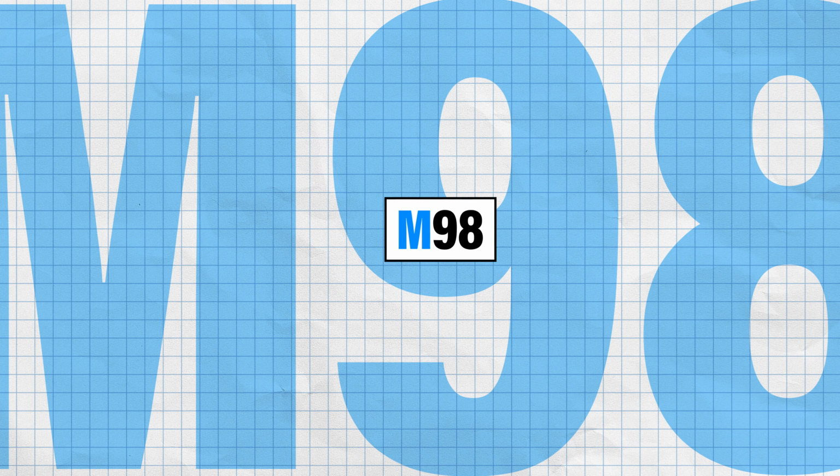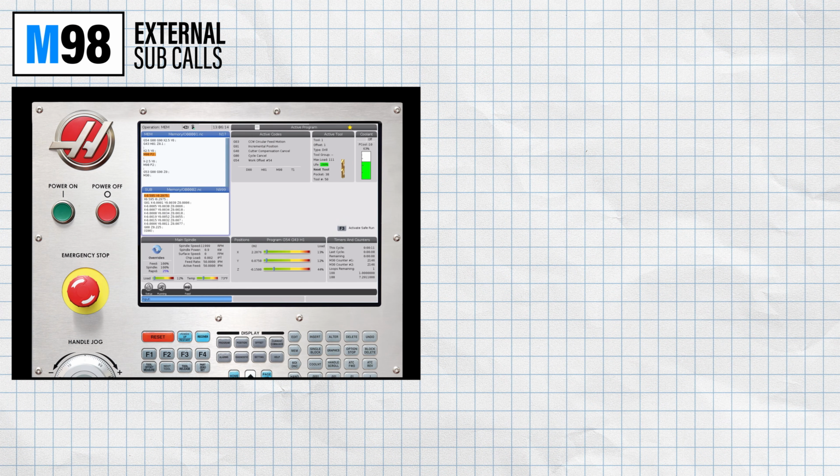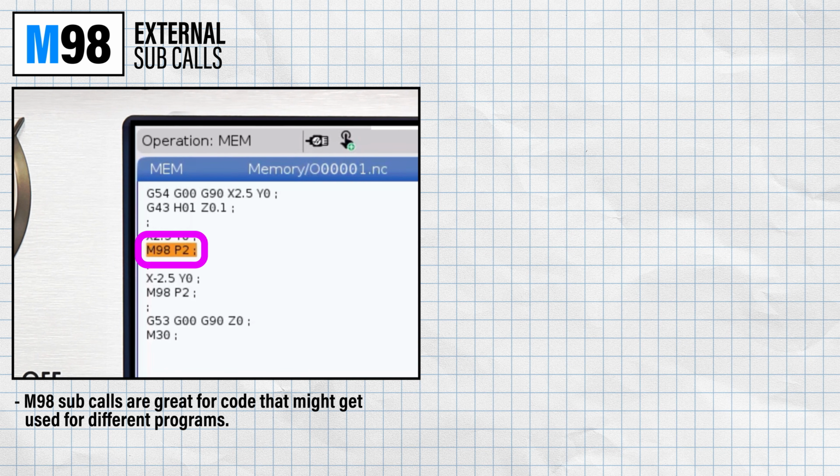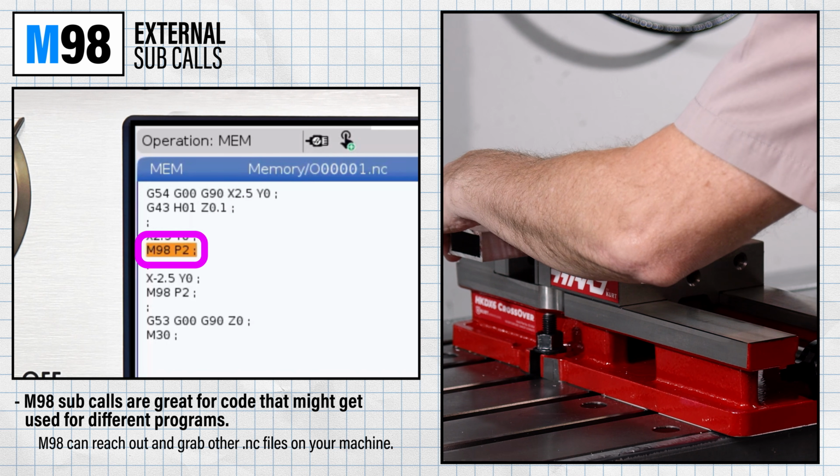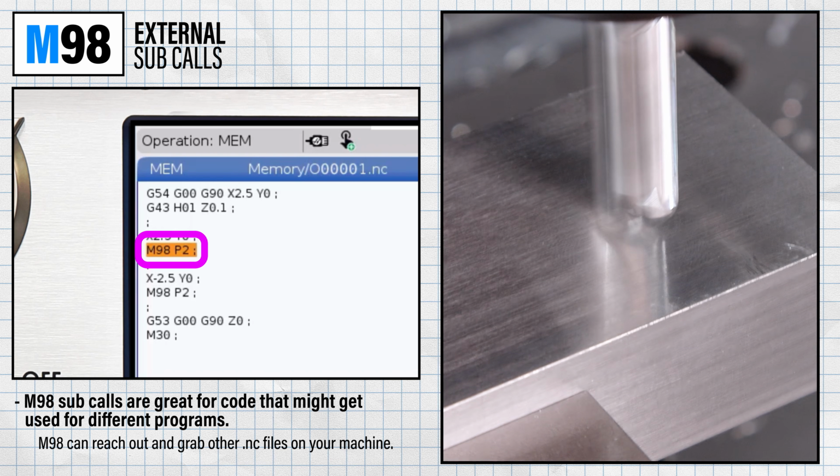We will use M98 external subcalls for any chunk of code that might get used by different programs. Our M98 code can reach out and grab that external sub to simplify things for us. In this example, we are machining some bearing pockets into extrusions.